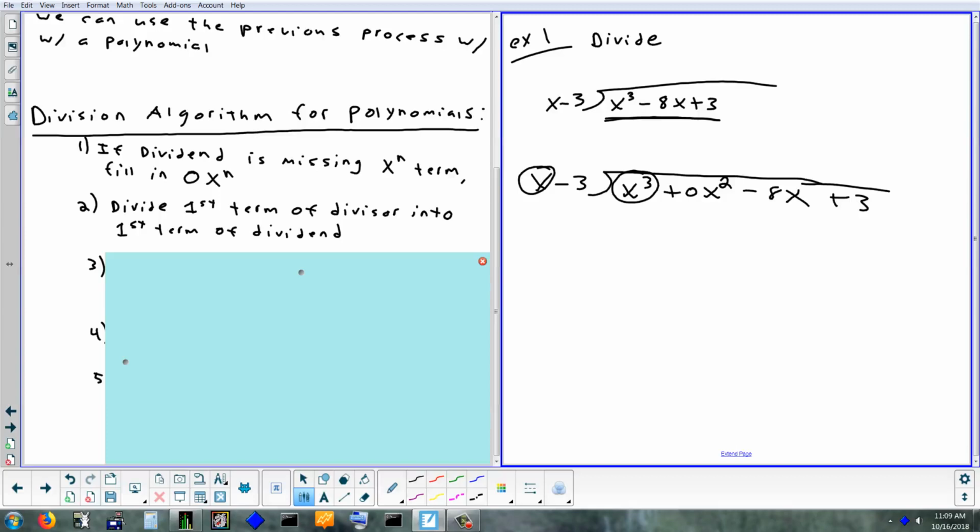So what we're basically going to do is x cubed divided by x. What do you get when you divide x cubed by x to the first? Yep, x squared. So we're going to put x squared.